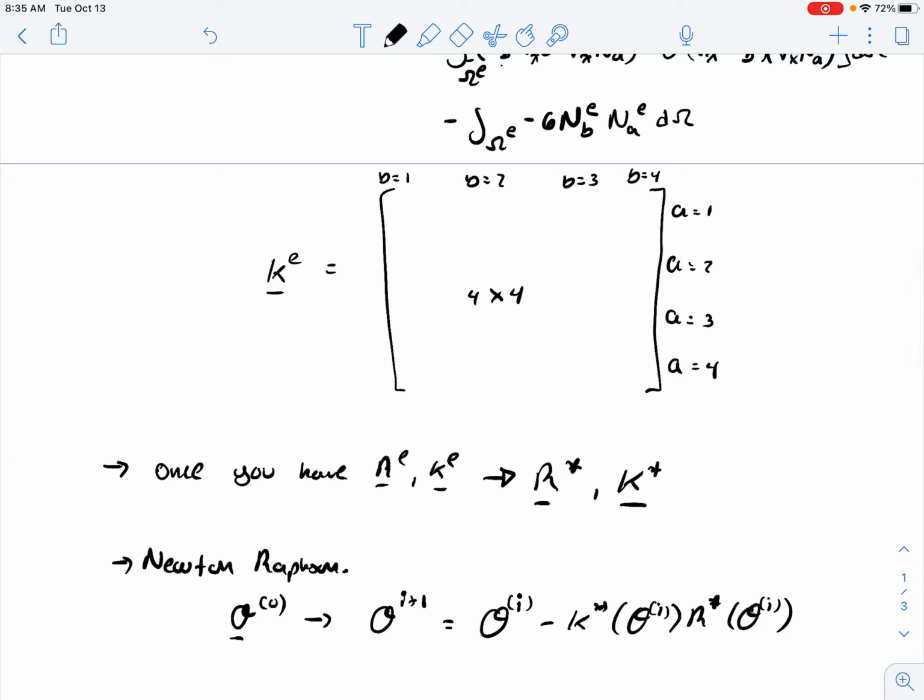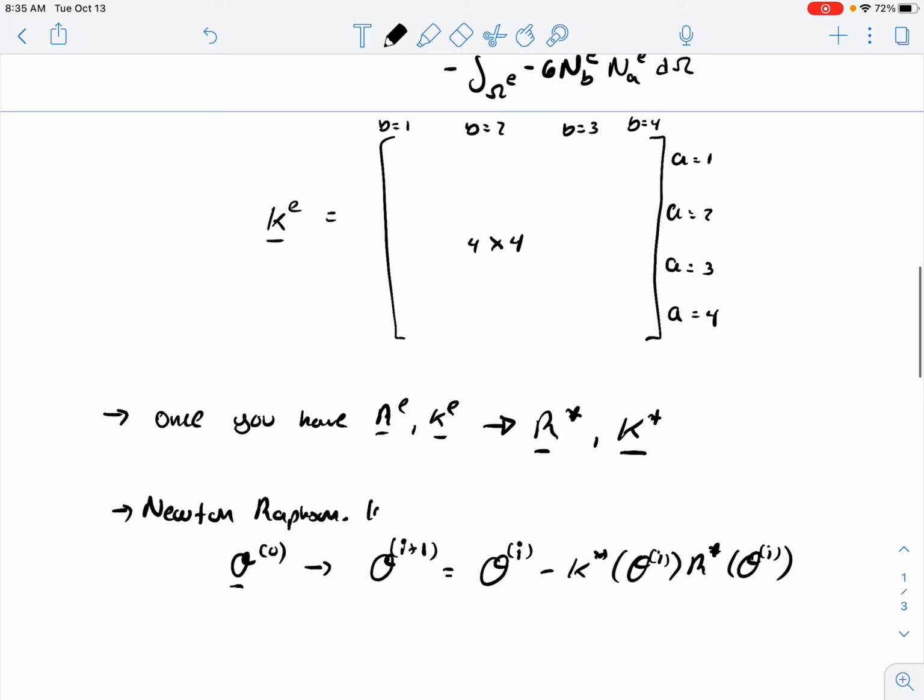So if it's nonlinear, then the stiffness and the residual change for every iteration. This is just the initial guess, and then just do this loop until convergence.